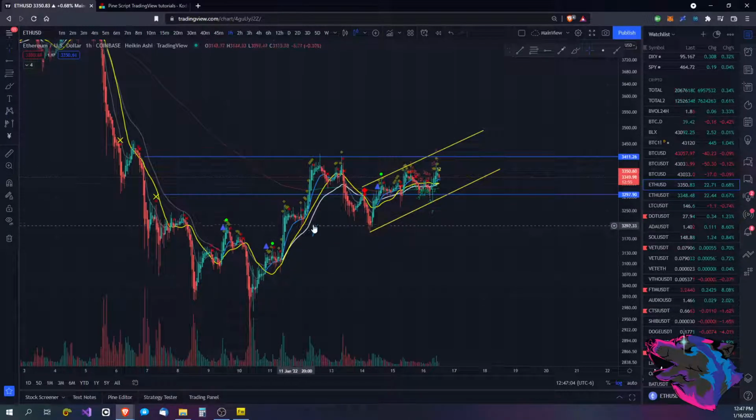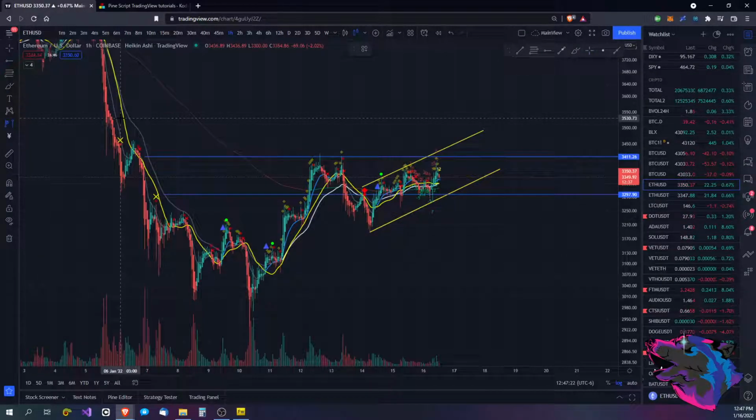Come back down and maybe say this range has some volume, this range has some volume, and that tells you that there is a lot of support and or resistance at those levels.